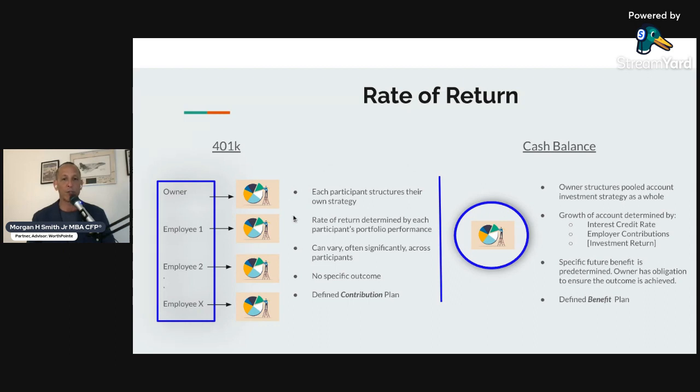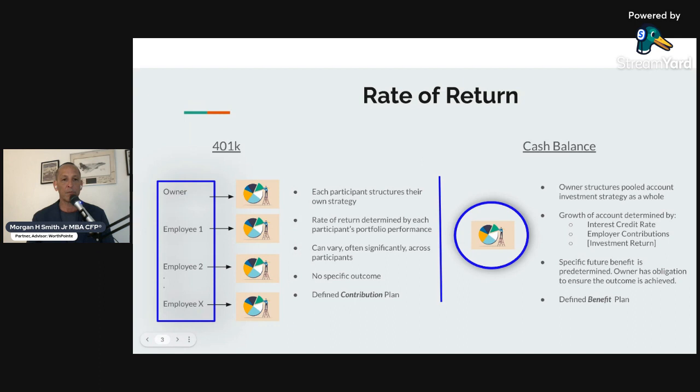The rate of return determined by each participant's portfolio performance can vary significantly across employees and participants. For example, the owner may be older and a lot more conservative, and maybe they have a young employee who's very aggressive, with different time horizons and different goals. The investment strategy can vary significantly across participants, and there's no real specific outcome defined.